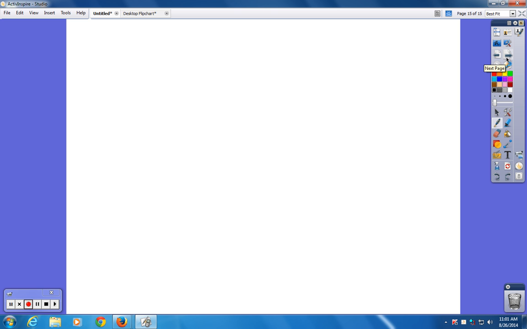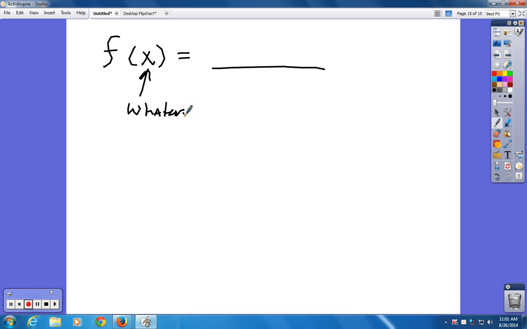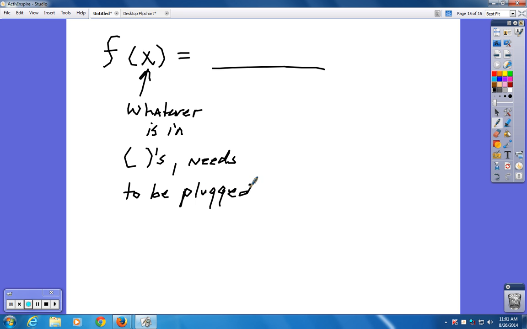When you see this f of x is equal to blah, blah, blah, this x right here, or whatever it is in the parentheses, whatever is in parentheses needs to be plugged in to the function.